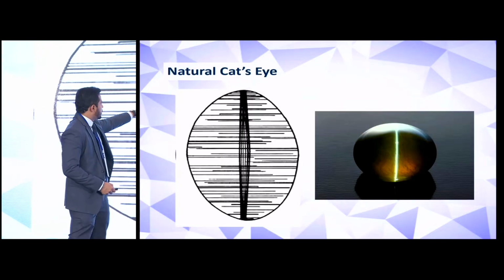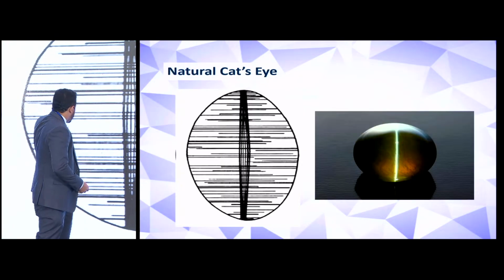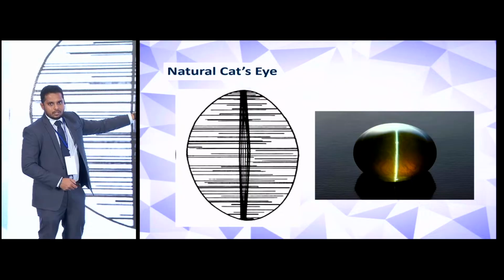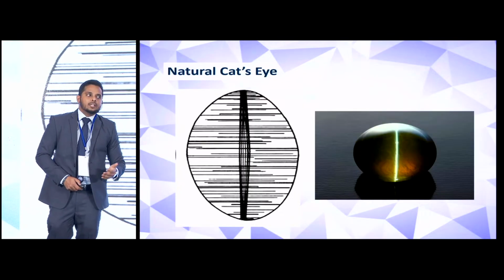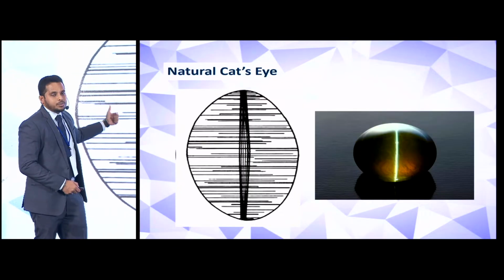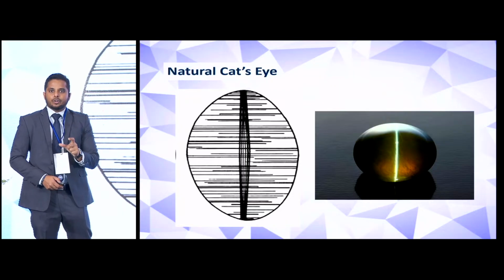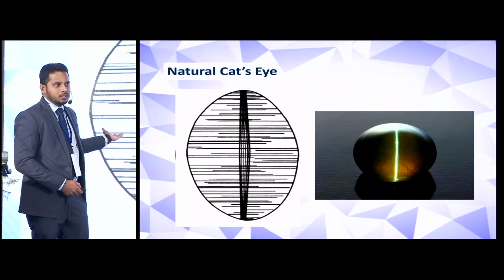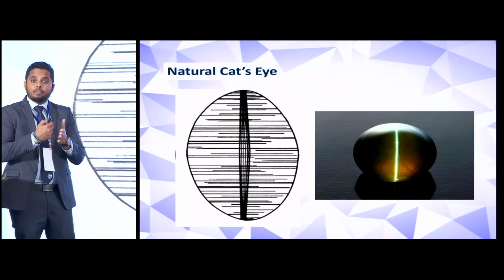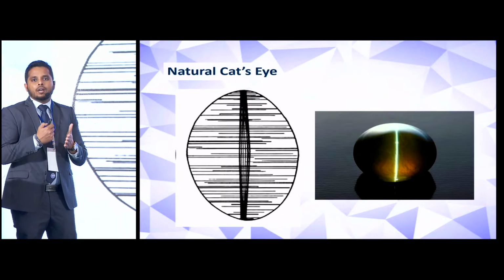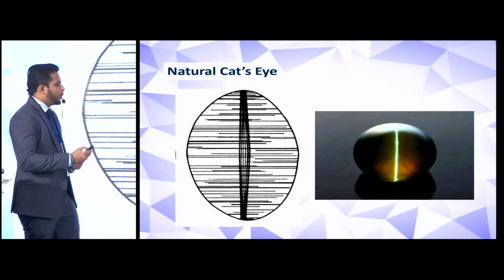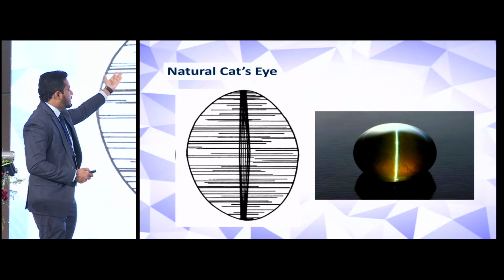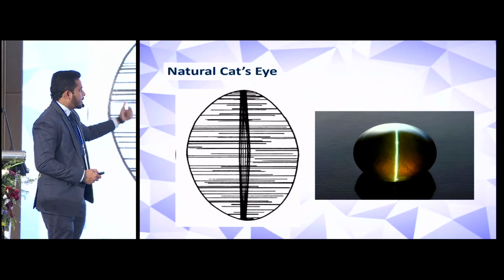This is your cat's eye streak, and these are your needles. If you have needles, there's a chance you're getting a cat's eye streak. But to create it artificially, they use fiber optic needles and integrate them into your glass stone. Then only you get this structure, and then you get a perfect cat's eye streak.